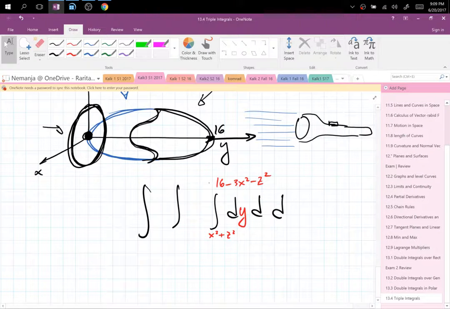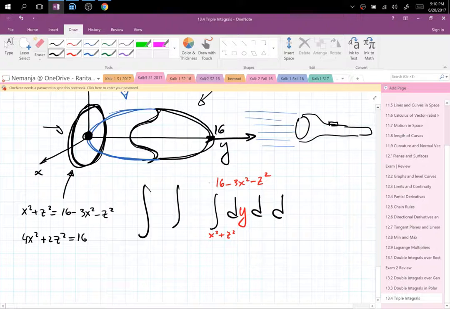To get this equation, we are going to set the two equations equal to each other, which means x squared plus z squared is going to be 16 minus 3x squared minus z squared. So it gives me 4x squared plus 2z squared equals 16, which is 2x squared plus z squared equals 8, divided by 2.